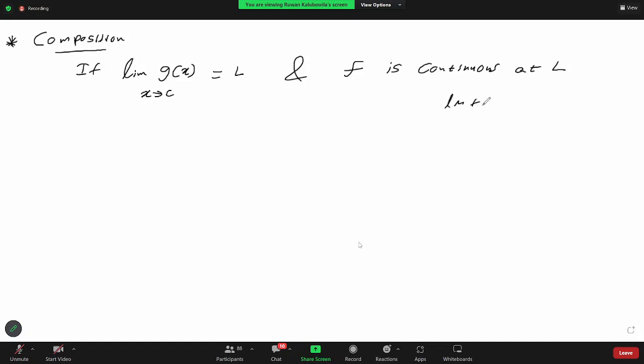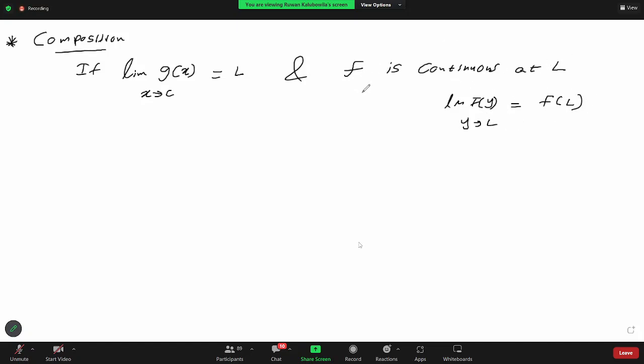Let's say this is not x, let's take it as y. Then when y goes to L, you can write the limit of f(y) should be equal to f(L), because the limit and the defined value should be equal when f is continuous. So if this happens, we can say f is continuous at L.